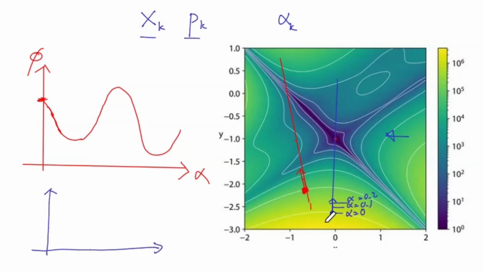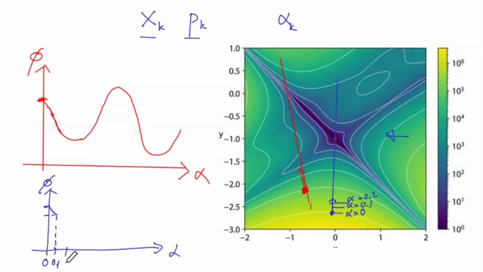Start from alpha equal to 0. The height of the contour, which is also the cost function f, is here. When alpha increases a bit, we take a small alpha, alpha equal to 0.1, the cost function is reduced, because it is approaching the lower contour line. So it will be here.